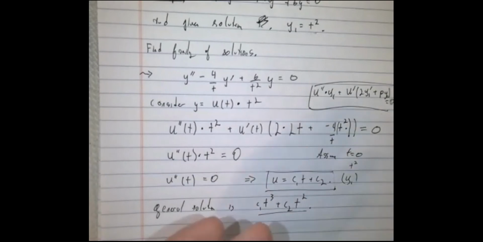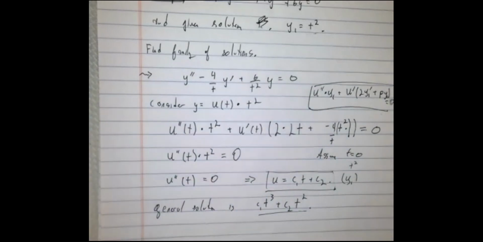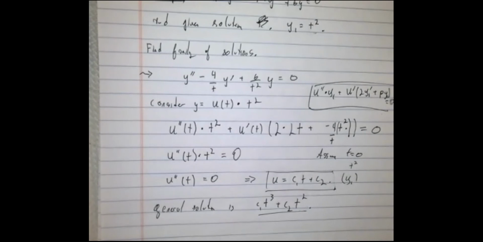And then if you plug that new product of functions into your differential equation, perhaps you get a different differential equation in terms of u or u prime that you can actually solve. And in that way, you can try to produce general solutions out of one solution to your differential equation.